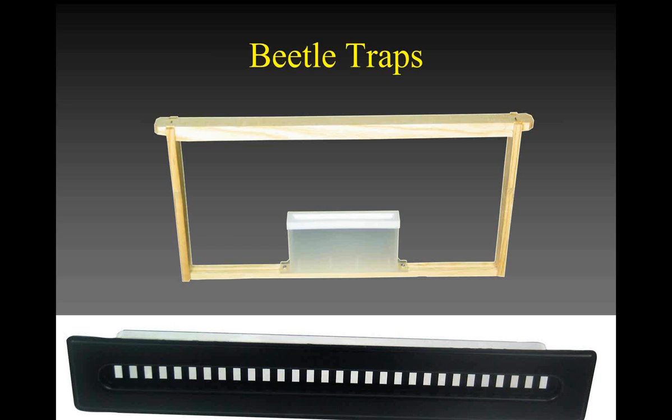The other thing you can do is put down black plastic around your hive, so that as the larvae leave your hive and they scurry along the ground to go pupate into the soil, they have to crawl along that black plastic. If it's a sunny day, they may dry out.